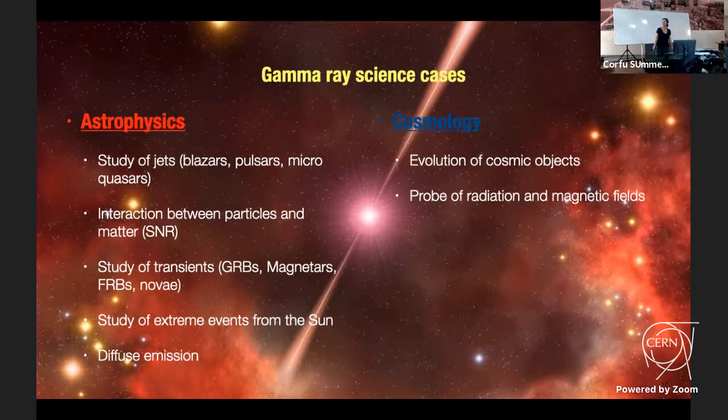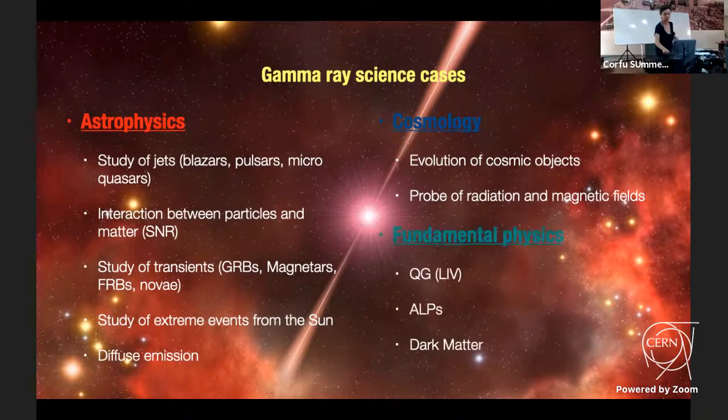But with gamma rays, you can also do cosmology. That's important because if you try to do cosmology with gamma rays, you are studying a process in a completely independent way from traditional methods. So this gives you the possibility to test hypotheses with independent methods.